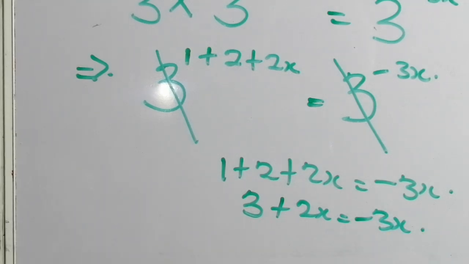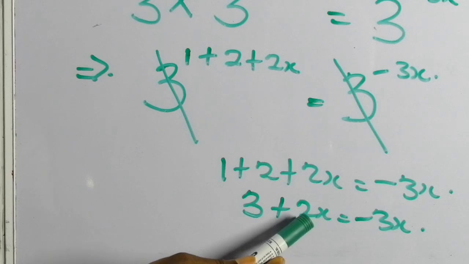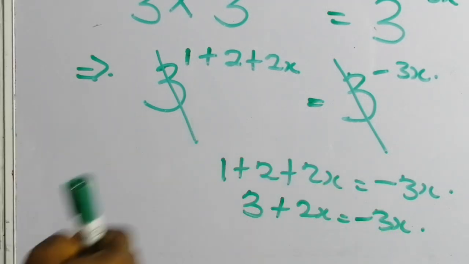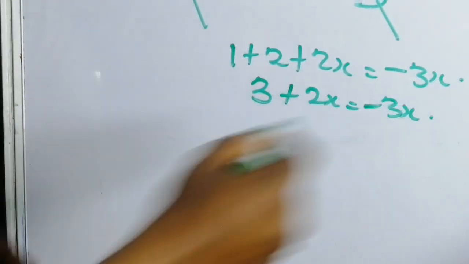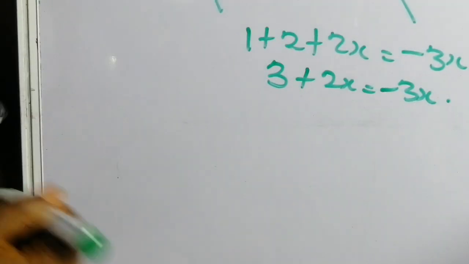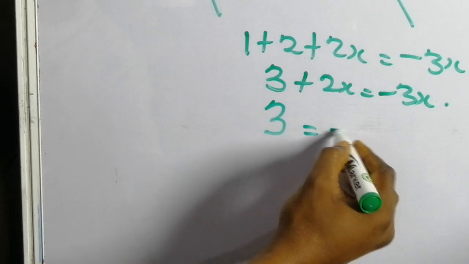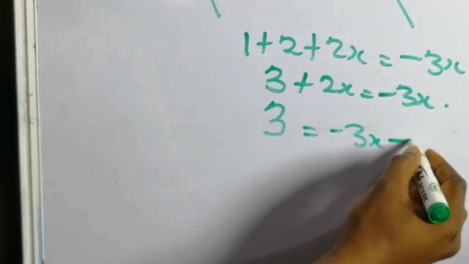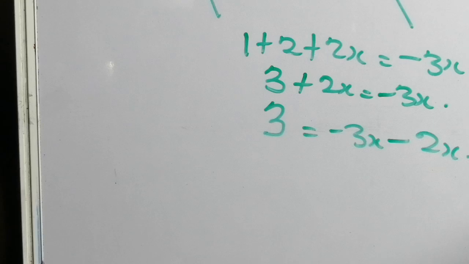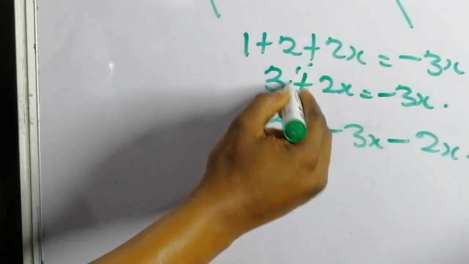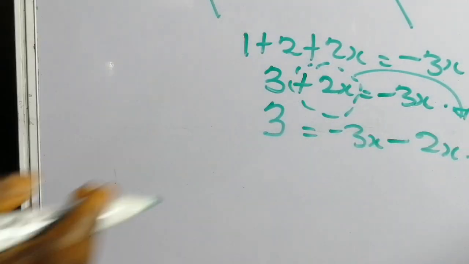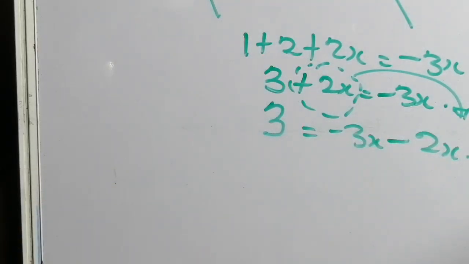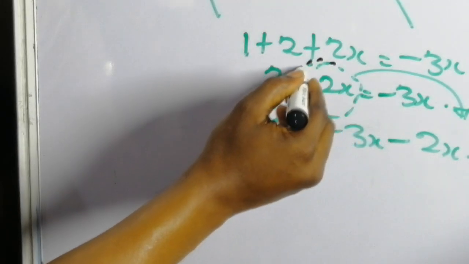Now, there is x here, there is x here. But this plus, I've told you, anything on the right-hand side, the owner of the sign. The owner of this plus here is this 2x. I'm moving plus 2x across the equal sign. I've told you, if plus is crossing the equal sign, it will change to negative.